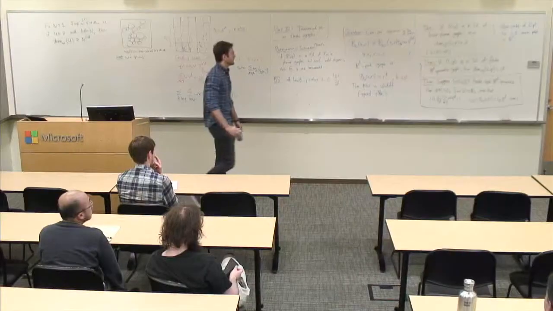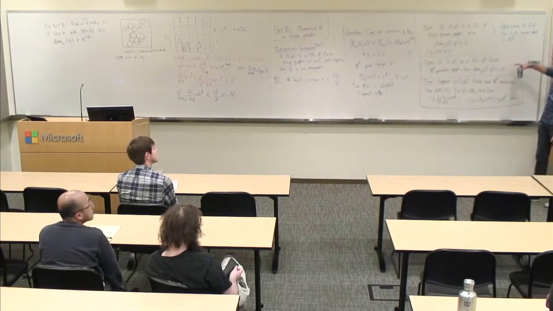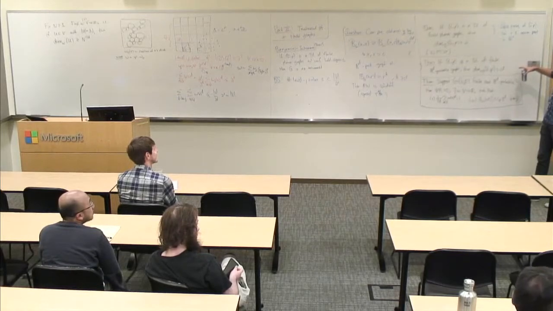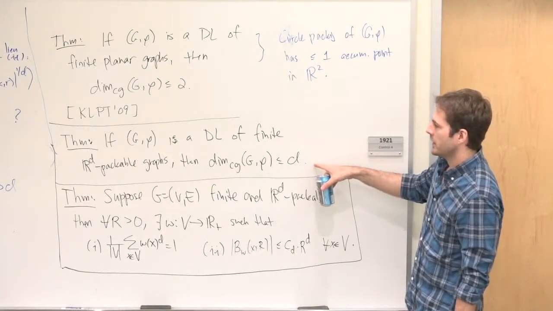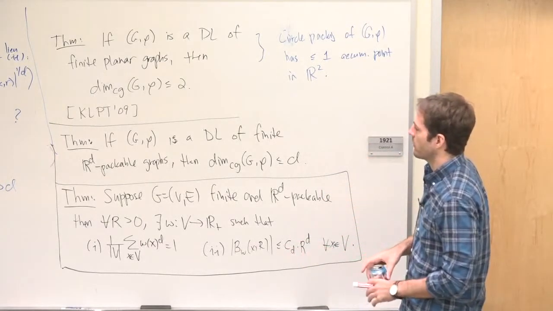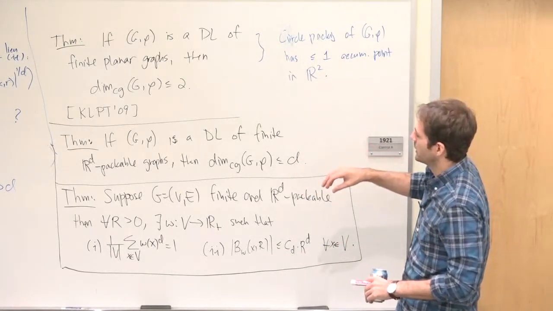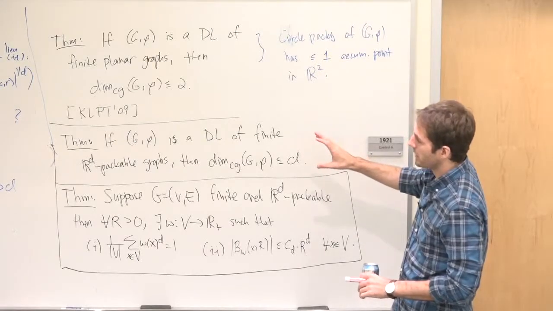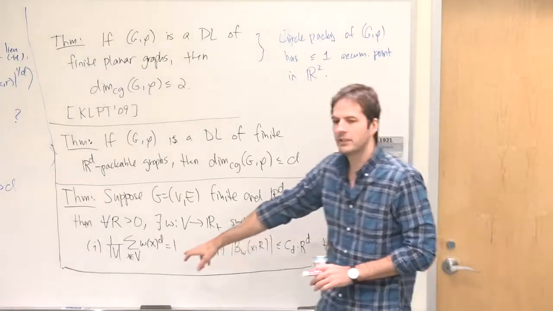And I will say one more thing, which is that another advantage of this is that Itai and Nicolas Curien attempted to extend the Benjamini-Schramm framework to graphs that are R^d packable, sphere packed in R^d. So you can do the same kind of argument, and you can get a bound on the extremal length, where now you consider the d norm instead of the 2 norm.